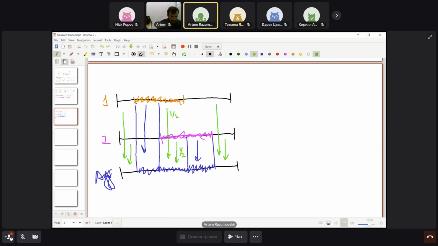And what is the result? The measure of the quality of the aggregator is the measure of the union of E1 and E2. Okay. So is it clear for everyone?